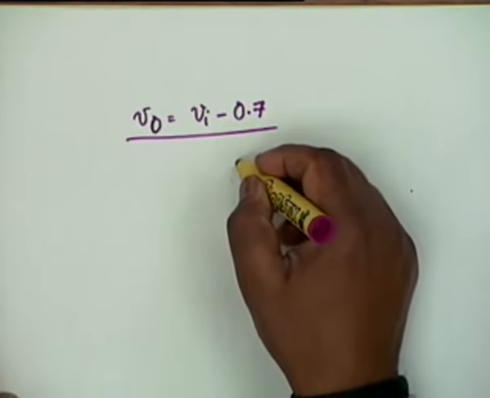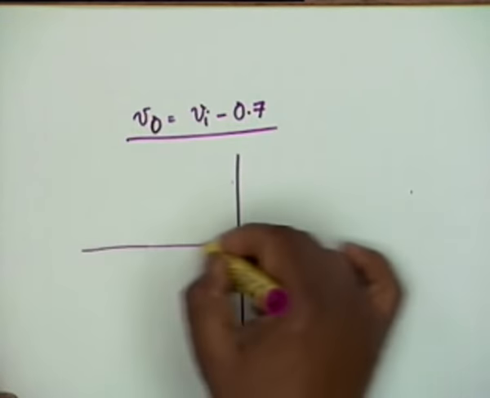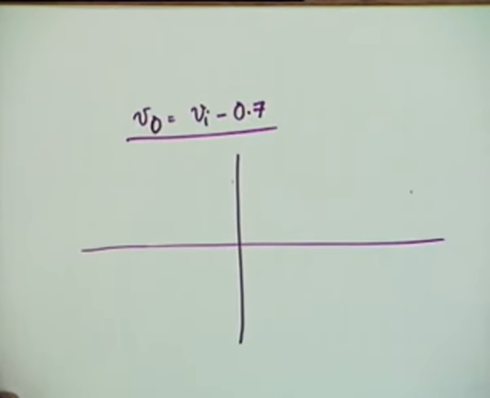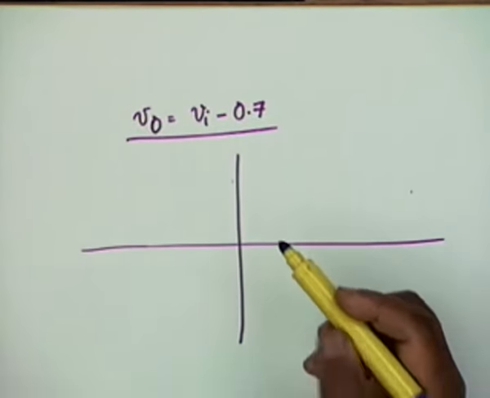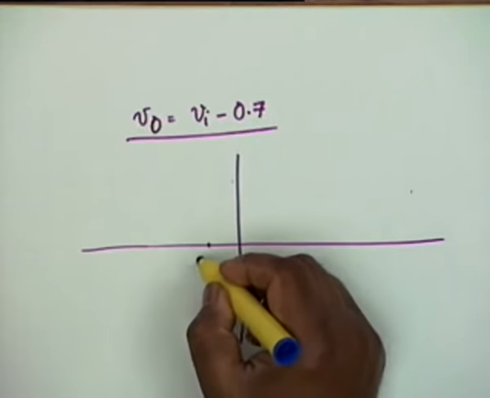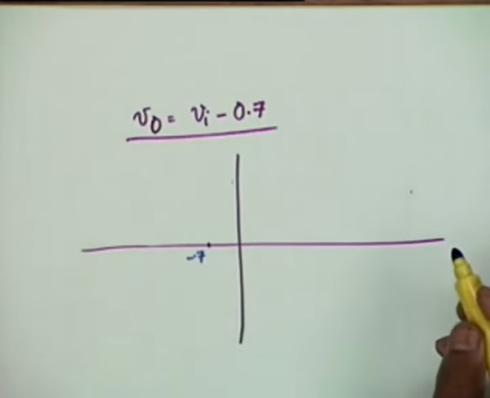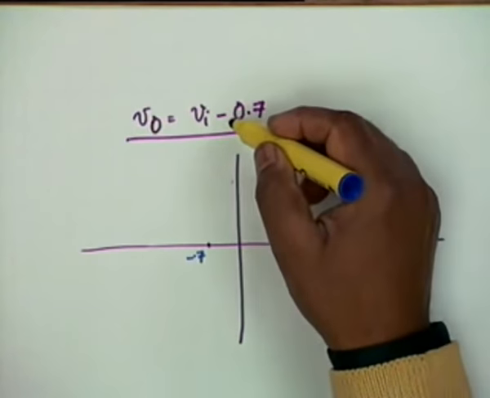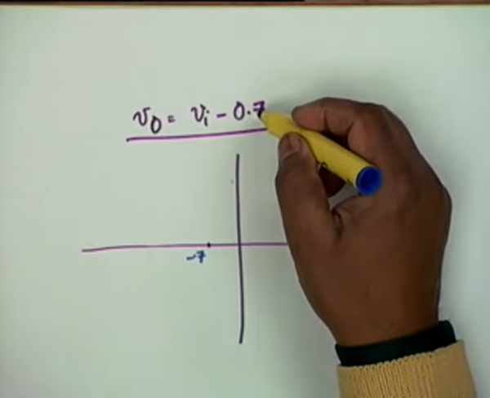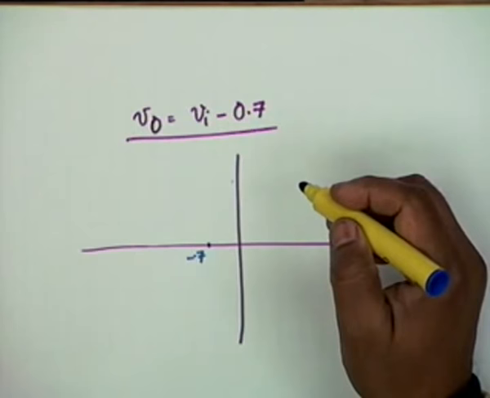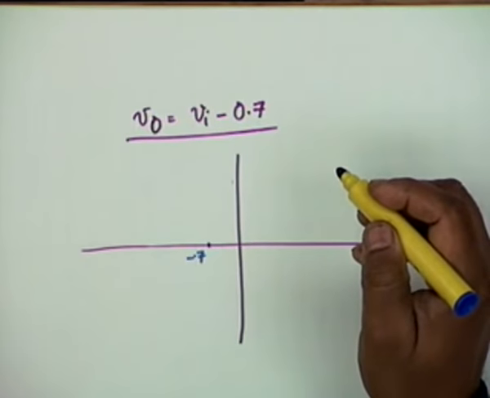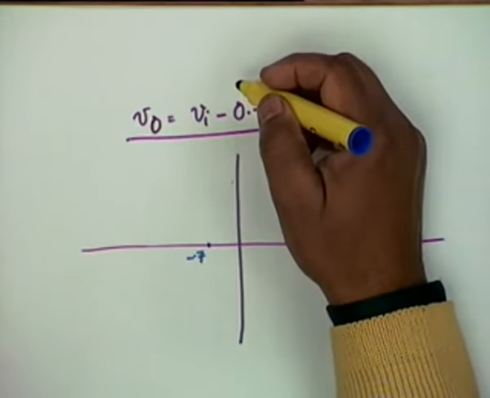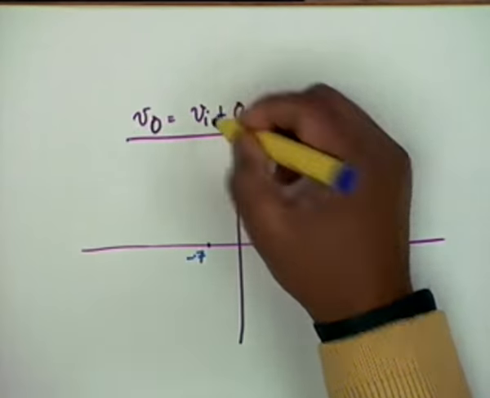All right. Now, if I draw the transfer characteristic, you see that when Vi equal to 0, V0 is minus 0.7. So the characteristic starts from here. When Vi equal to 0.7, isn't 0 equal to Vi plus 0.7? That is correct.